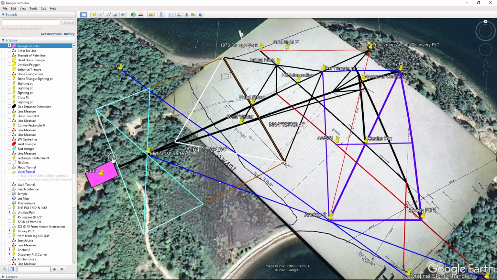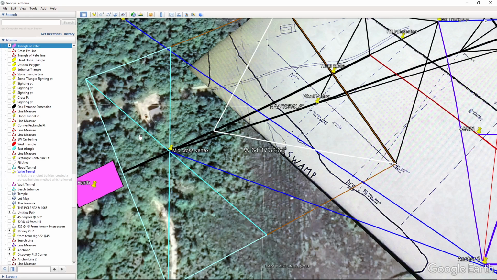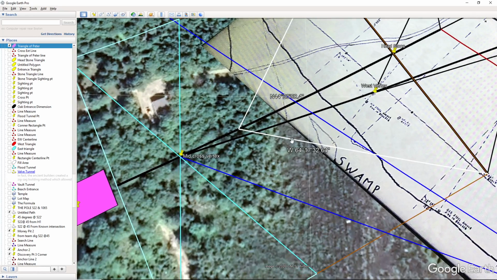For instance, let's start here. Down in this area, this black line going right here is of course the bottom pointer section of Nolan's cross.